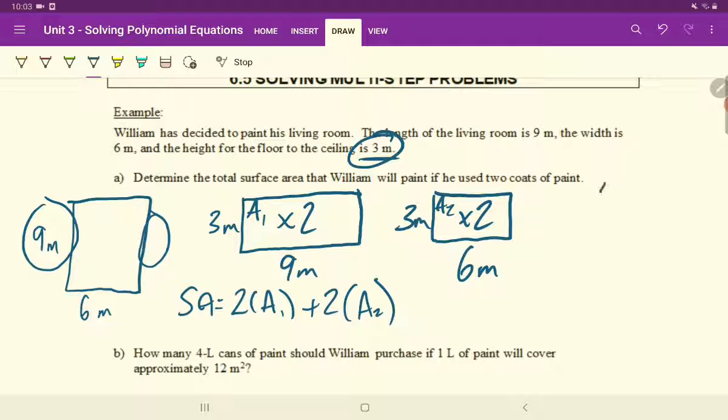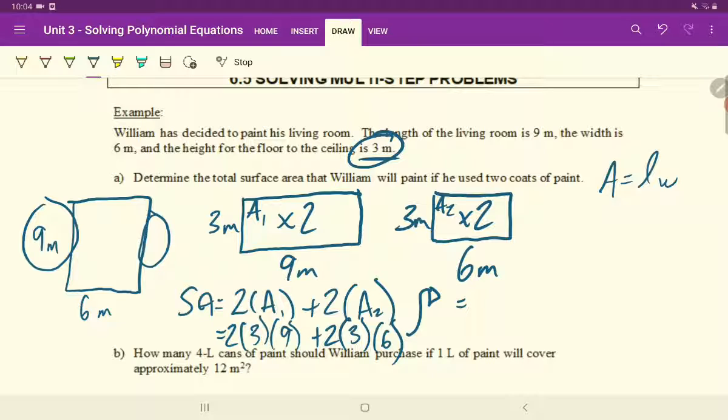I know that the area of a rectangle is length times width. So 2 times 3 times 9, plus 2 times 3 times 6. That's just length times width for each of our rectangular walls.